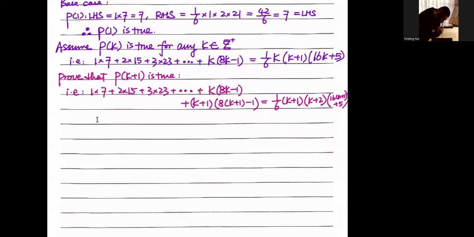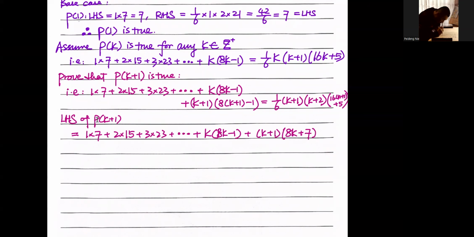So now I'm trying to show, okay, left-hand side of Pk plus 1 equals 1 times 7 plus 2 times 15 plus 3 times 23 plus until k times (8k minus 1) plus (k plus 1)(8k plus 8 minus 1). That's plus 7. Okay?